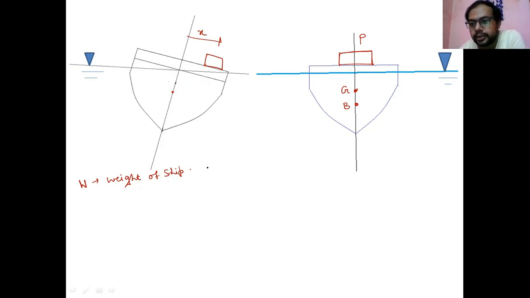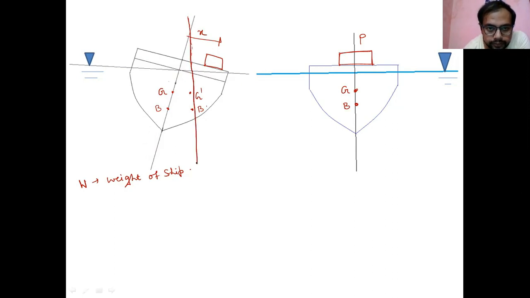So this is the loose weight actually. Previously G was here, now the new G is here. And B was here, now the new B is here. Now this GB will be slightly displaced.